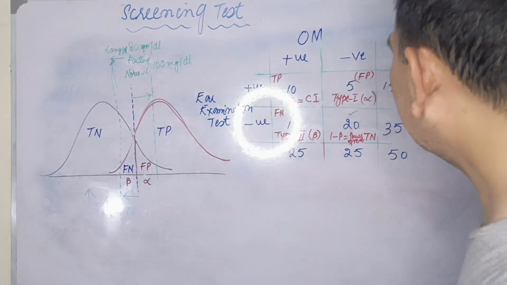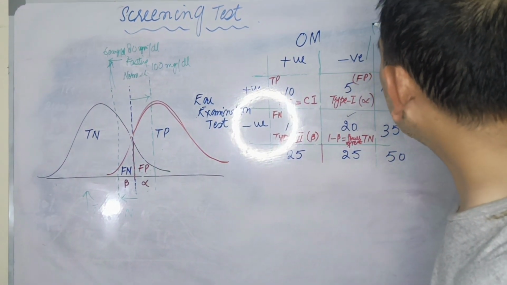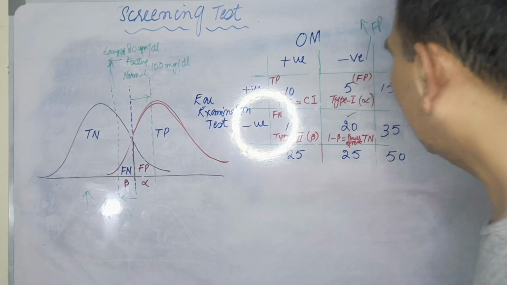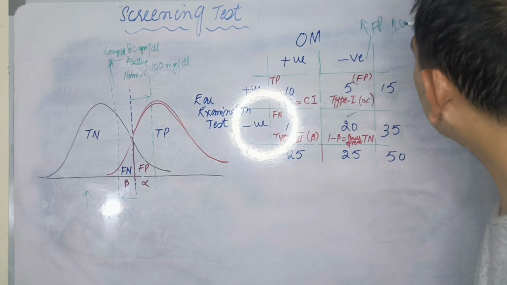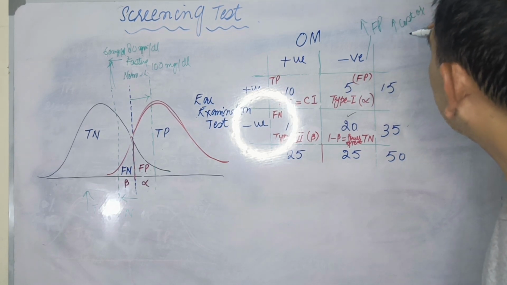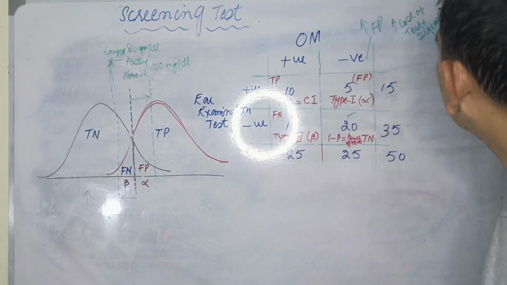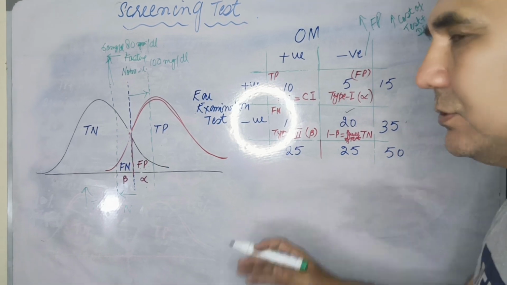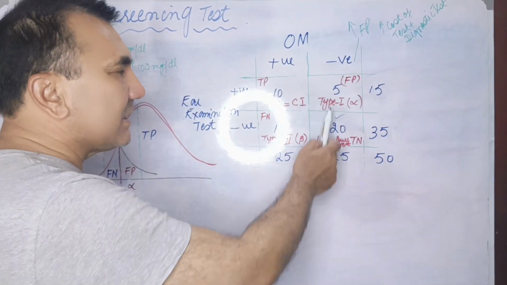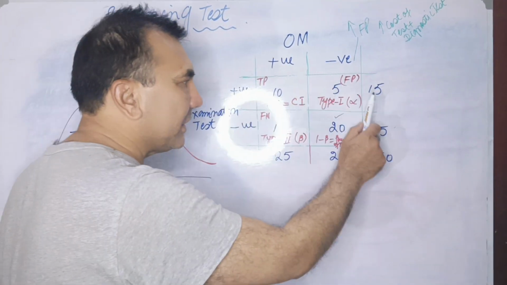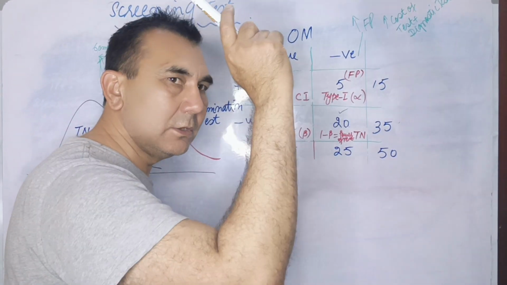Now this is another concept. When the false positive is increased, what will happen? It increases the cost of the test and the diagnostic tests on healthcare. It means you test again and again to confirm, because the disease sign and symptom is not present, but your screening test labels those people as positive.